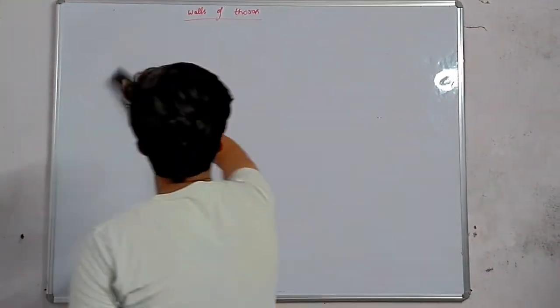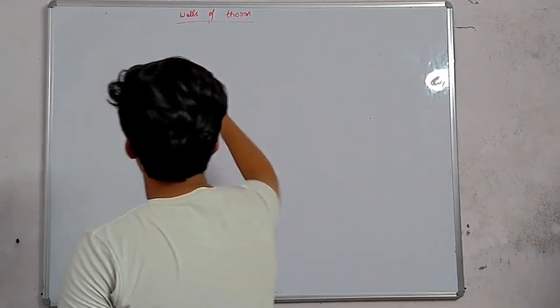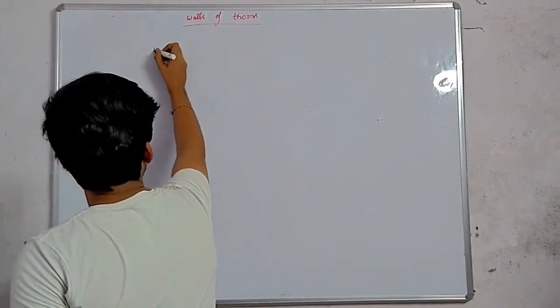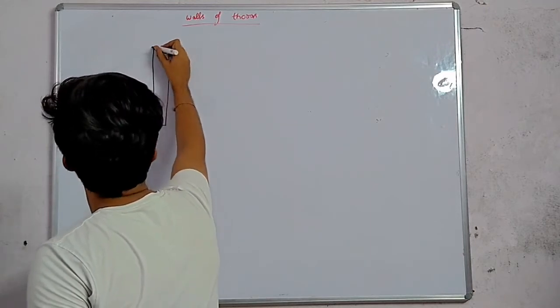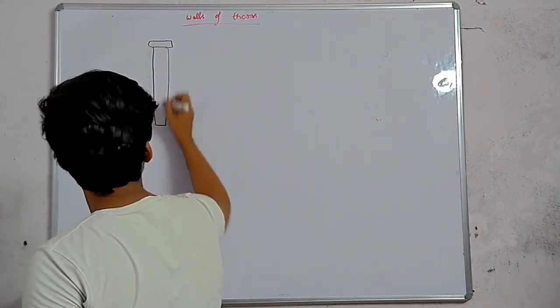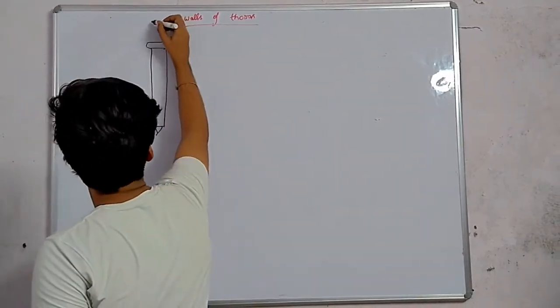Okay. So first we prepare a thorax, general. This is sternum, drawn in general aspect. Sternum, xiphoid process. Done. On posterior aspect, there will be the vertebral column.